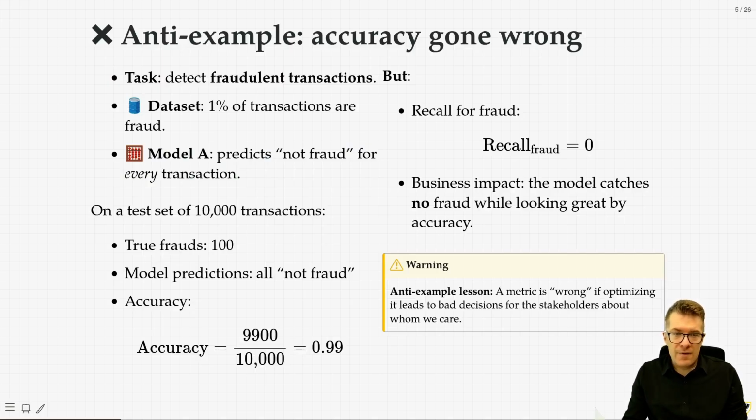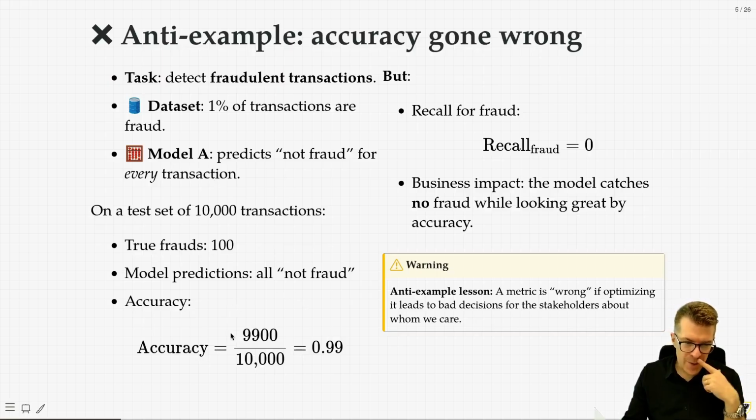Now imagine we have a test set of 10,000 transactions, and the rates of fraud in this test set, which we haven't seen before, are about the same, about 1%. So 1% of 10,000 is 100. The same model that we could have trained but didn't is always going to return not fraud.